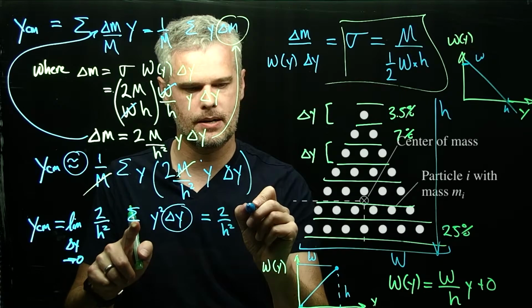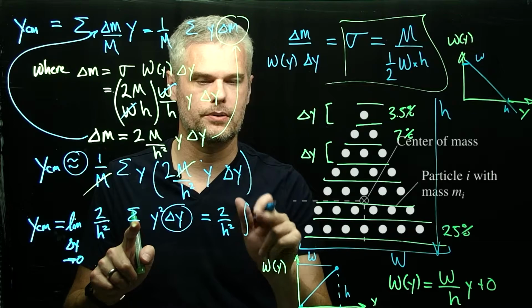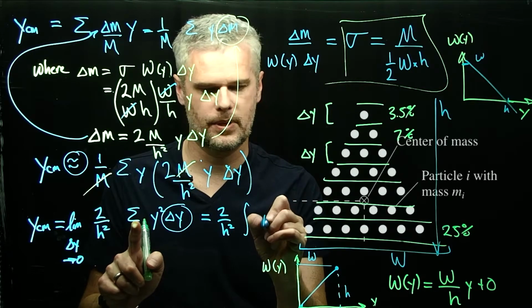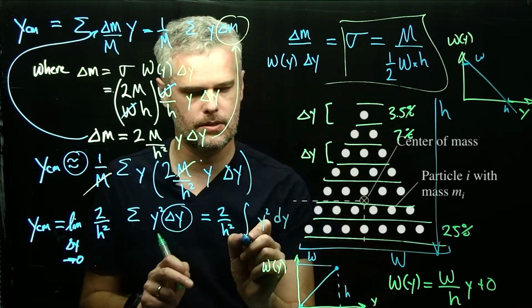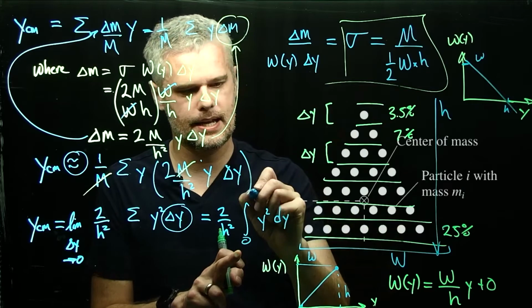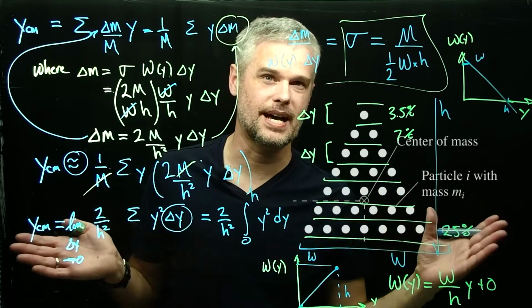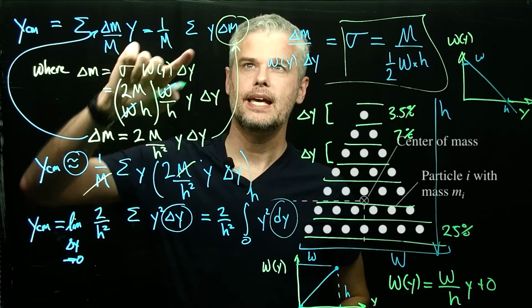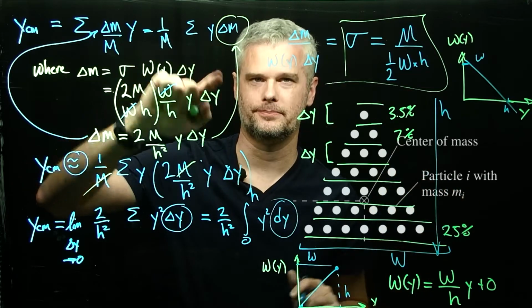The sum becomes, this is the Greek letter for s, and this is the old Middle English letter for s. This is summation, y squared dy, and y starts at 0 and it ends at h. So that's how to express the center of mass as an integral. I didn't just slap that dy on willy-nilly. It came from the mass of each slice, and it always will.